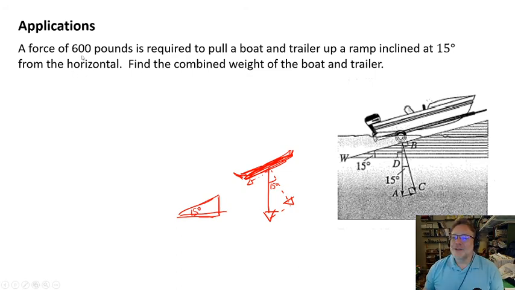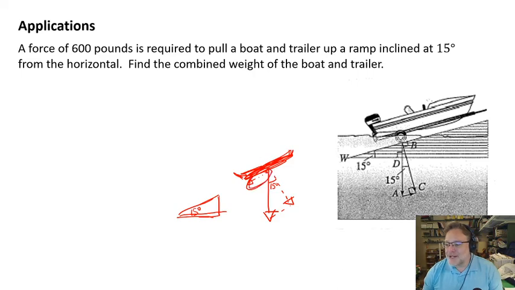So a force of 600 pounds is required to pull a boat and trailer up a ramp inclined at 15 degrees up from the horizontal. Now think of what that 600 pounds is. It's not the force of gravity. That force of 600 pounds is what's needed to keep it from going into the water here.